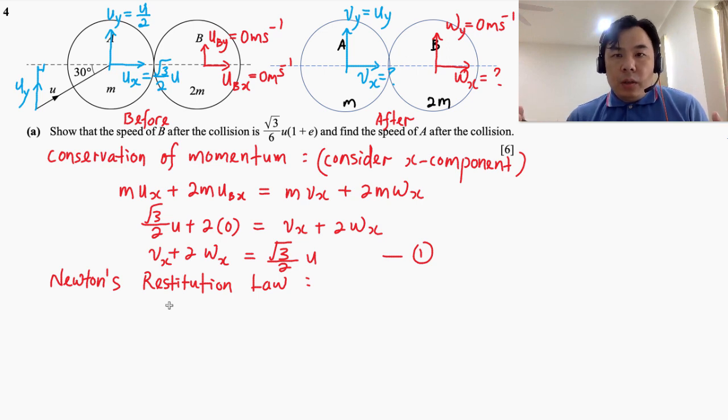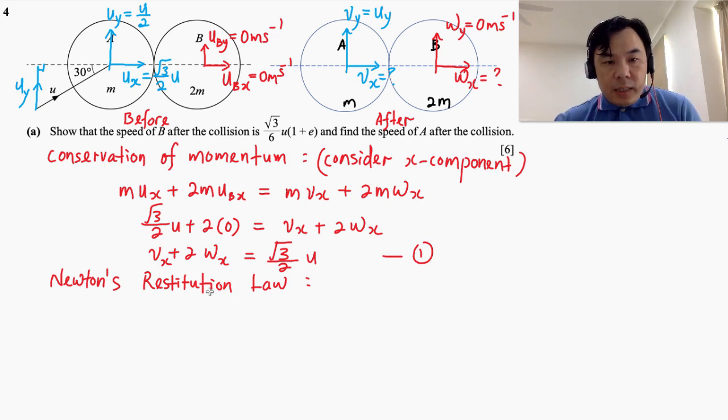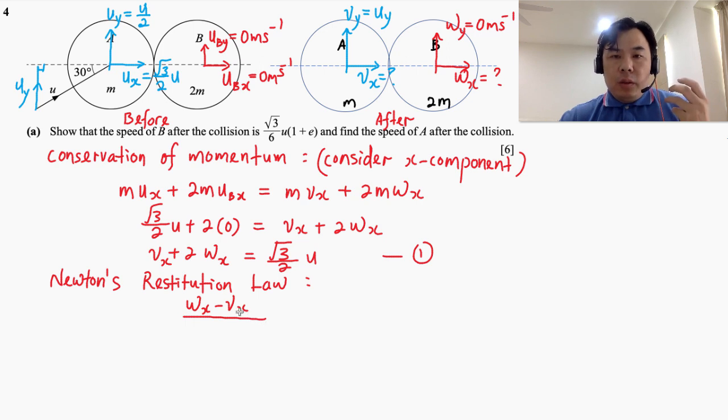Relative velocity of separation over relative velocity of approach must be the same as its coefficient of restitution, which is e in this case. Right? Now that would be relative velocity of separation over relative velocity of approach must be the same as e.